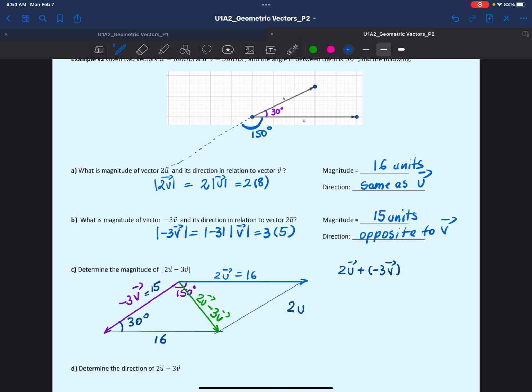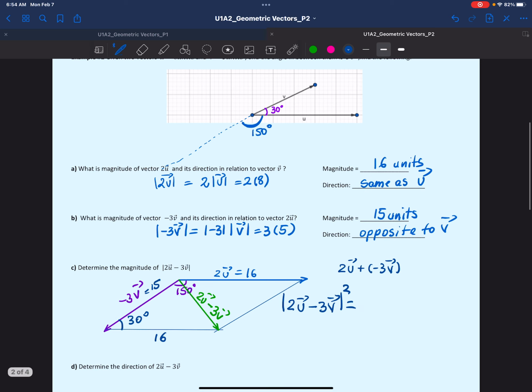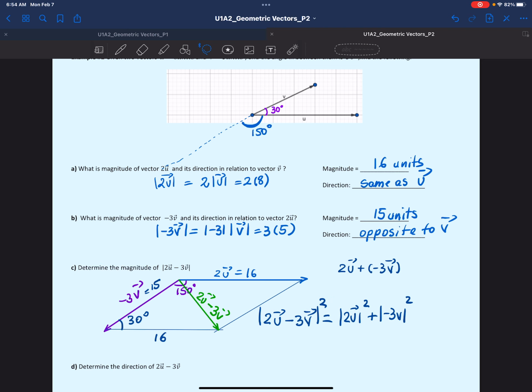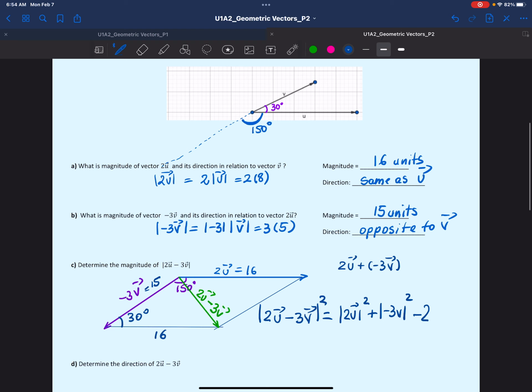So we'll write this down. The magnitude of 2u minus 3v to the power of 2 equals the magnitude of 2u squared plus the magnitude of negative 3v squared minus two times 2u times negative 3v times cosine of 30.